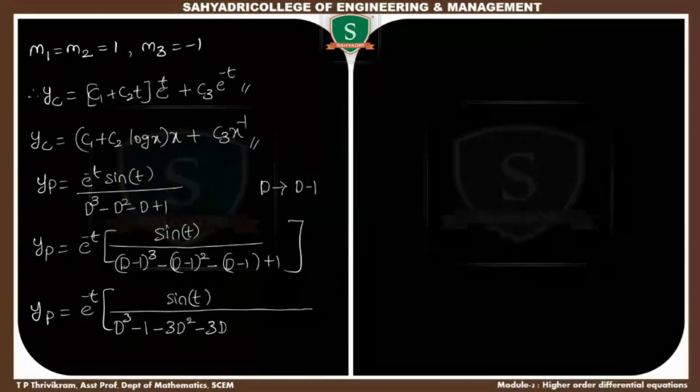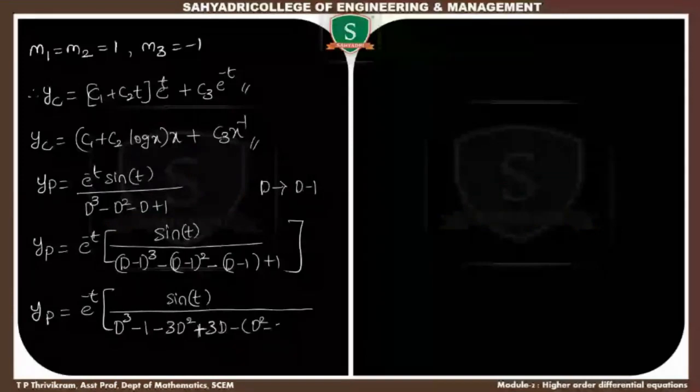Plus 3d. This is the expansion of first term. Expand second term: minus of d square minus 2d plus 1, minus d plus 1 plus 1.